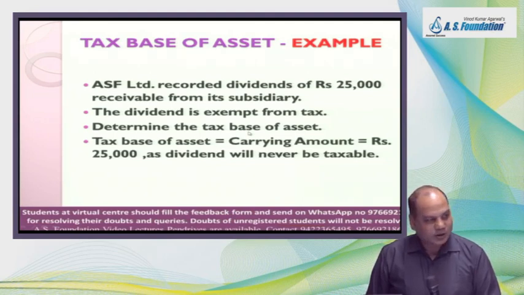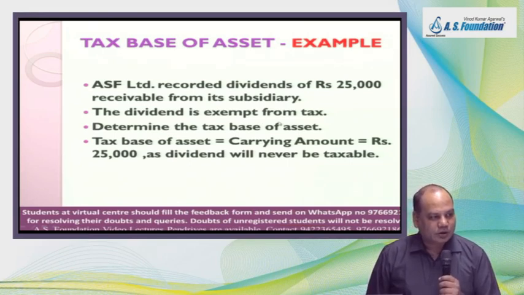You can either apply the previous paragraph. Since it is an income, the tax base will be amount that will not be taxed in future. 25,000 rupees entire amount is exempt from tax. So therefore, the tax base will also be 25,000.